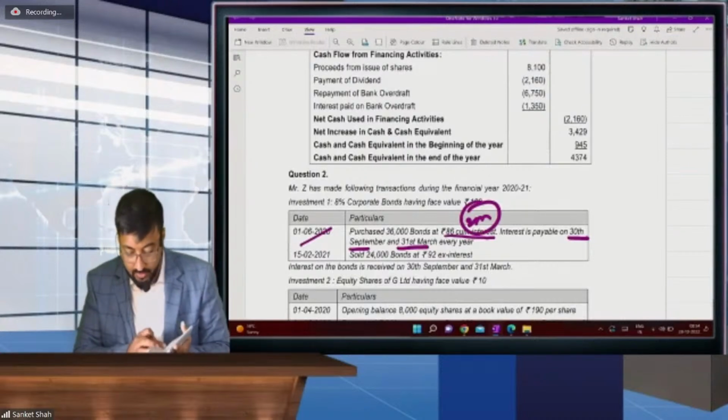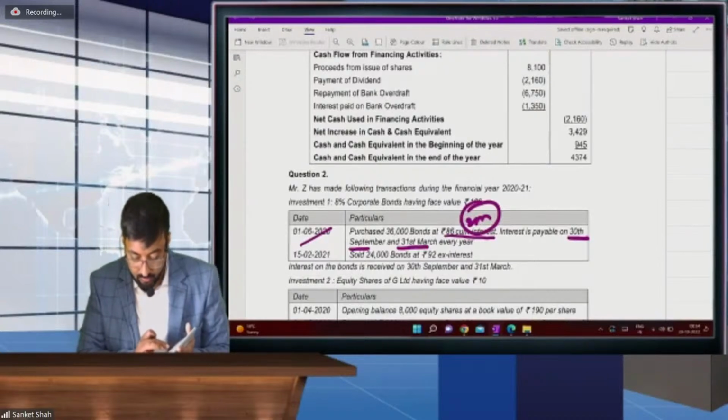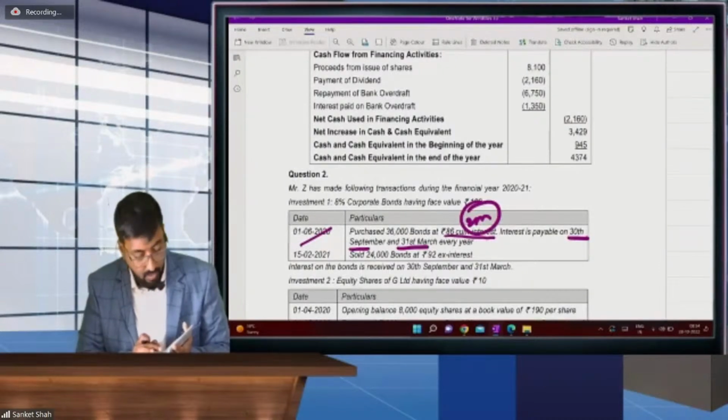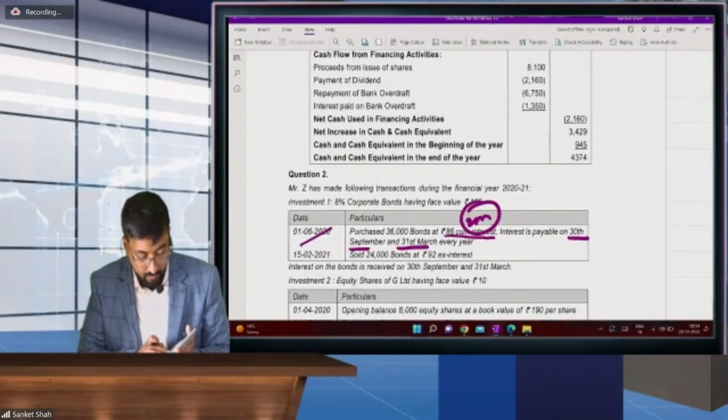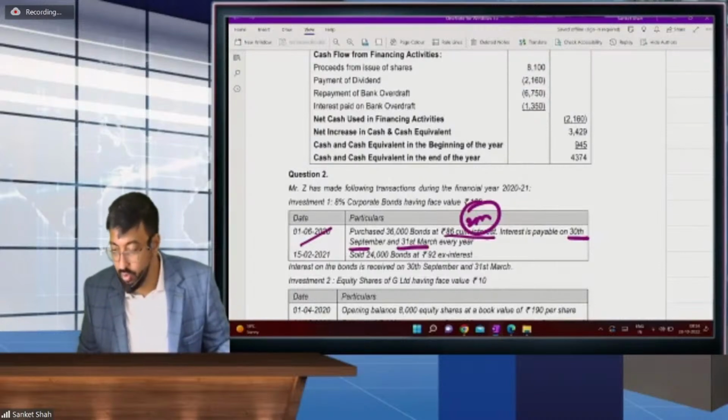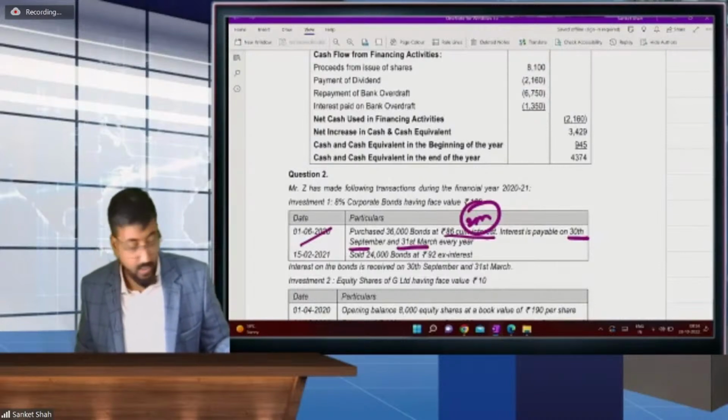Can you tell me the value? 2 months, 36,000 bonds into 100, into 8%, divided by 12, 2 by 12: 48,000.